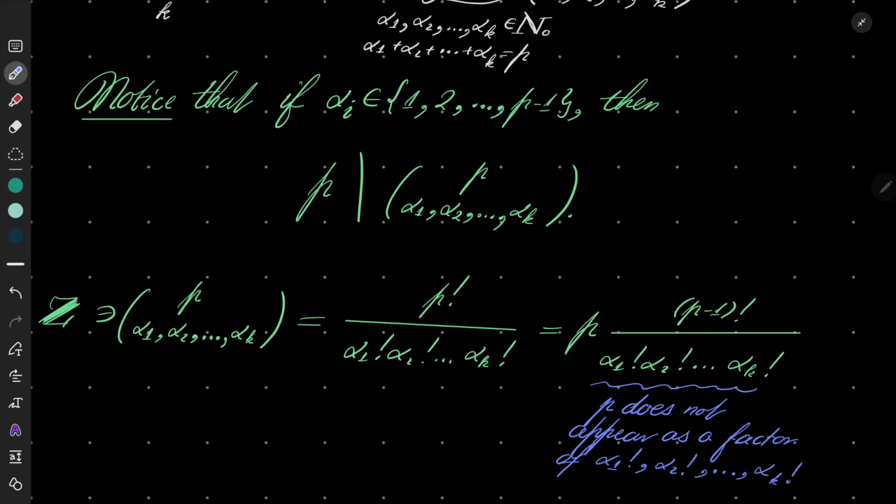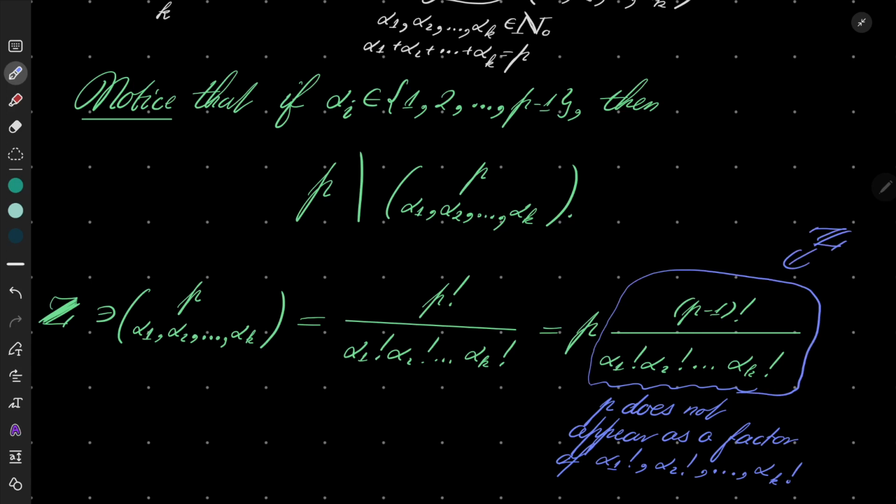Well, because our numbers, our factorials, are between 1 and p minus 1, and because p is a prime. So p cannot be divisible by any number less than p, except 1. Okay, so now we know that this entire number is an integer. So this thing right here is also an integer.